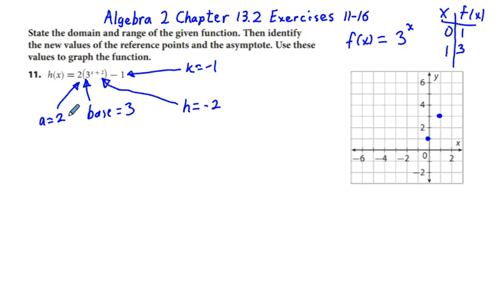Now let's see what we're going to do here. This a equals 2 is a vertical stretch by a factor of 2.